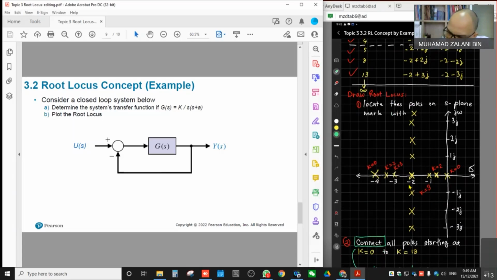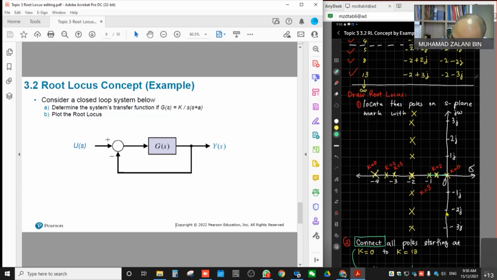So we should start from k equals to 0 lah. We should start from k equals to 0 location, which is the open loop poles. K sama dengan kosong tu dipanggil open loop poles. We start from the open loop poles of 0 and -4 here. Let's say I start from 0.